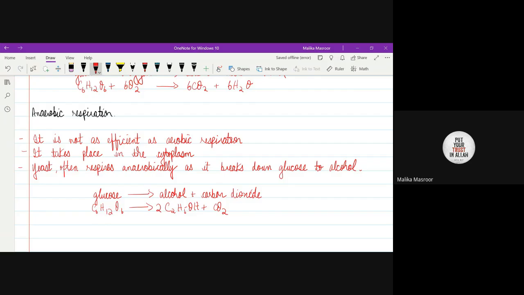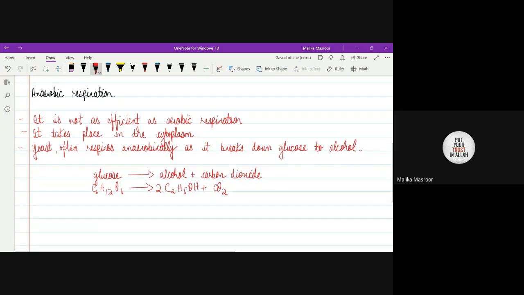Some body cells also respire anaerobically at times, for example when exercise is done.